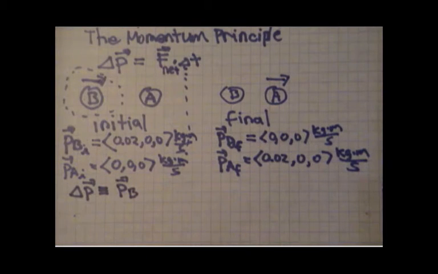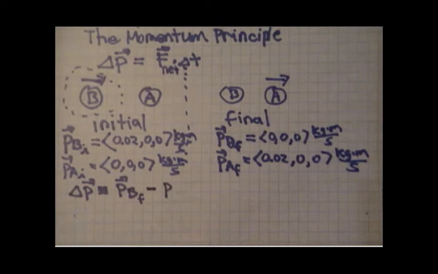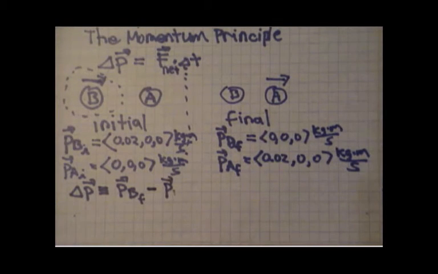So the delta P, the change in momentum for this system, is obtained by calculating the final momentum of ball B and subtracting from that the initial momentum of ball B. In this case, the final momentum of ball B, remember, is all 0.